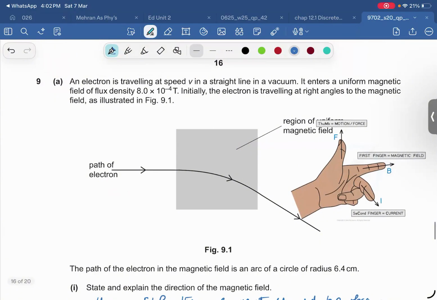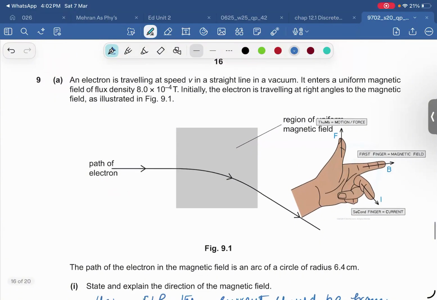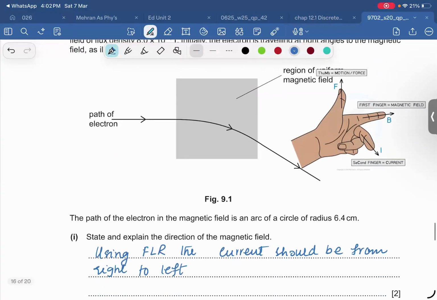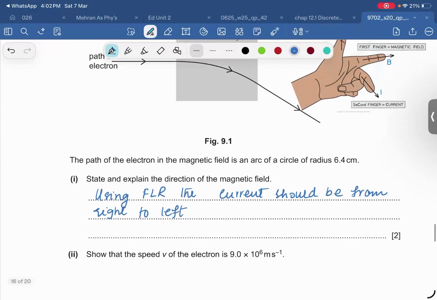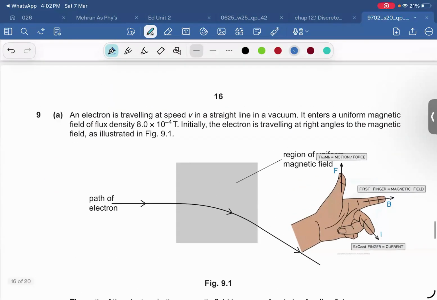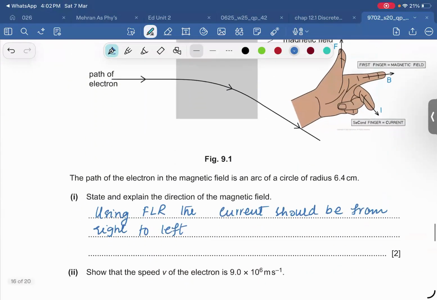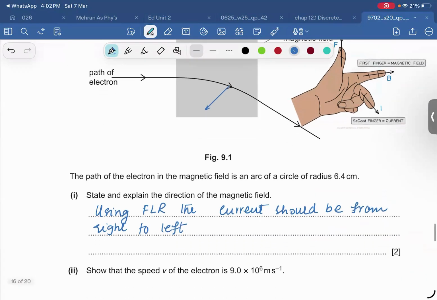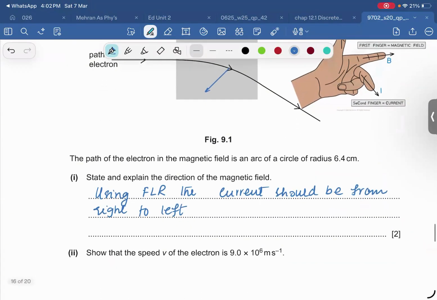And they mentioned the magnetic field. The force is basically acting downward, right? Like in this portion.